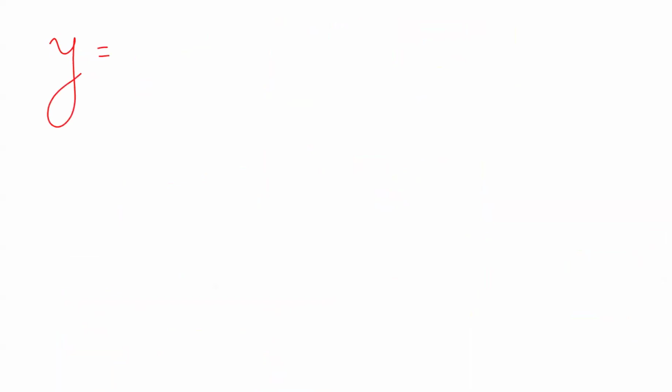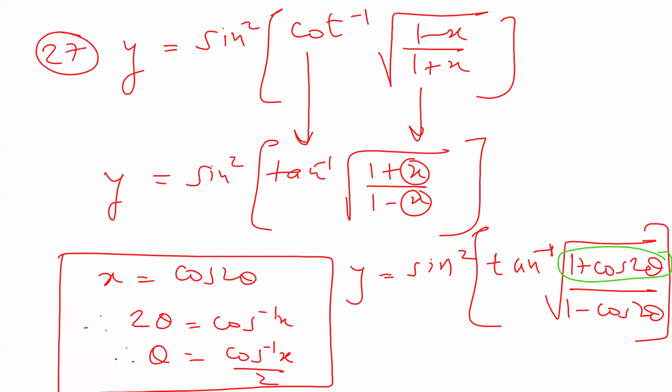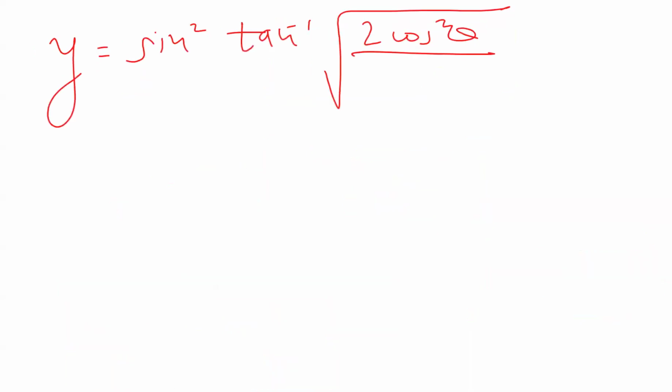So y is equal to sine square tan inverse of root of 2 cos square theta, and down we are having 1 minus cos 2 theta. So 1 minus cos 2 theta in the denominator over here, that is 2 sine square theta, right? So 2 and 2 are getting cancelled.